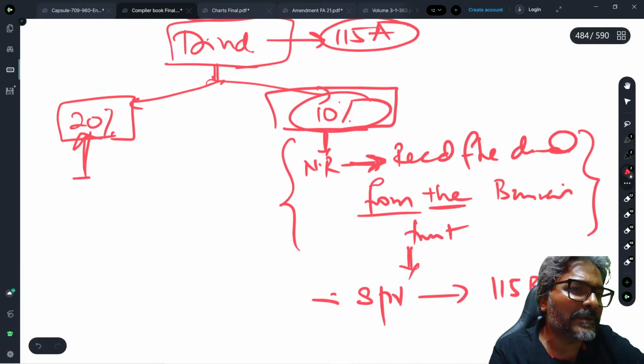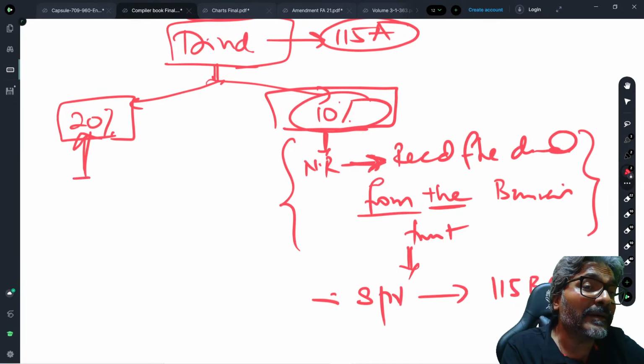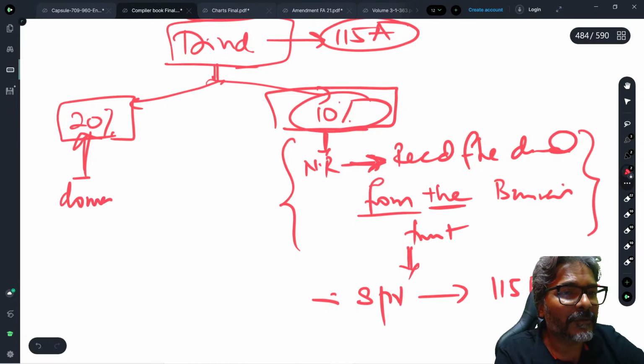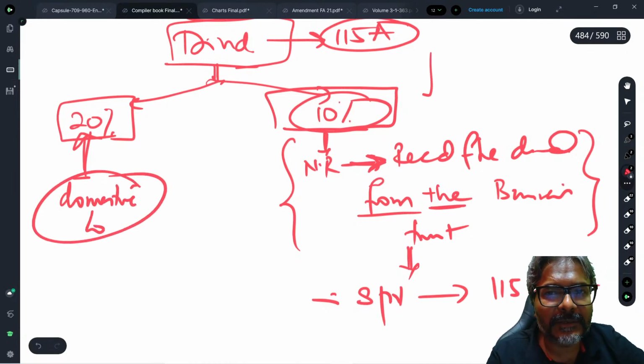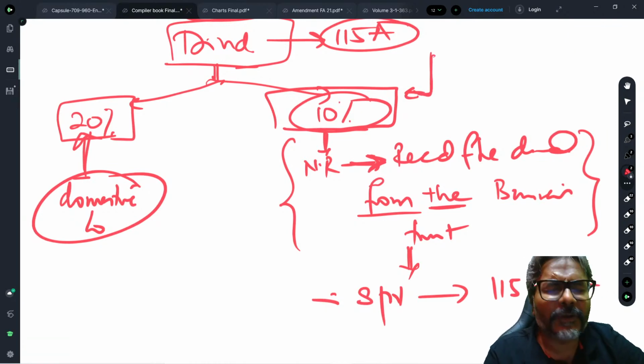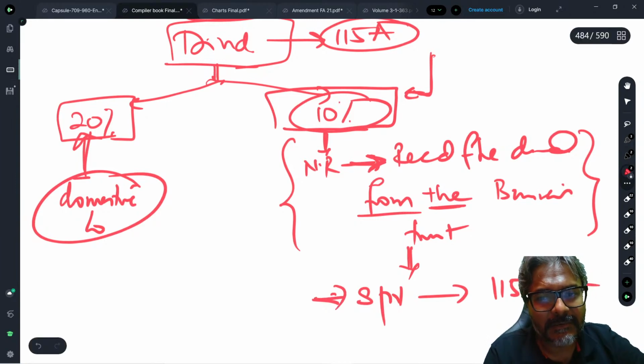One is 20% rate if the question is silent, dividend earned from a domestic company. And this one, in this context, is the dividend which is earned from that business trust.